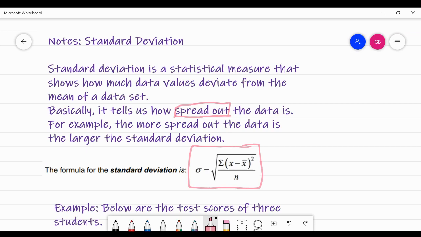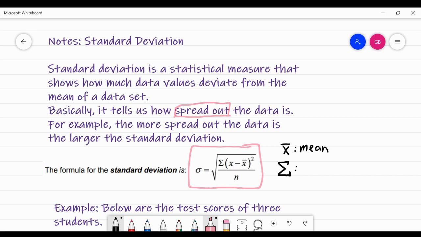There's a couple new symbols there, okay? One of them we actually know how to calculate, we just didn't use that symbol. The X bar. X bar is actually the mean, and that's what we did last week. So that's when you add all the numbers up and divide it by how many numbers you have. Okay? This symbol here is capital sigma.